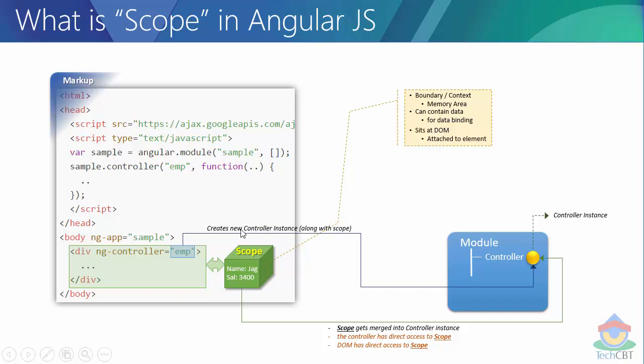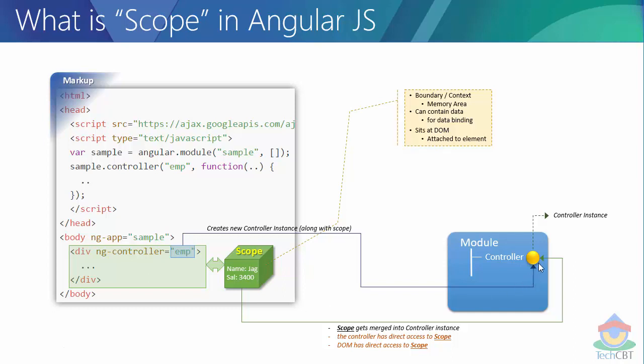While creating the controller instance, it merges the scope object into the controller instance. So the controller instance has its own information, and on top of that it also has the scope merged inside itself. When you are working with the controller instance, indirectly you are working with the scope, and scope is directly made available as part of the controller.